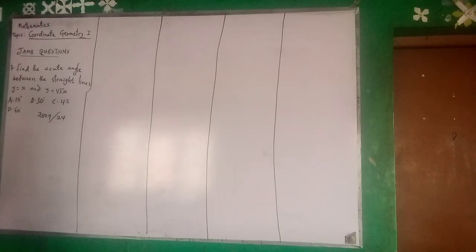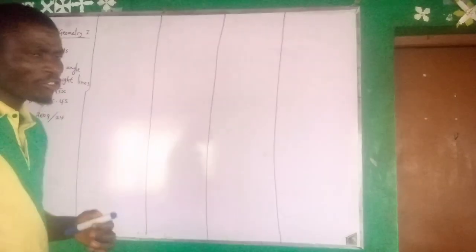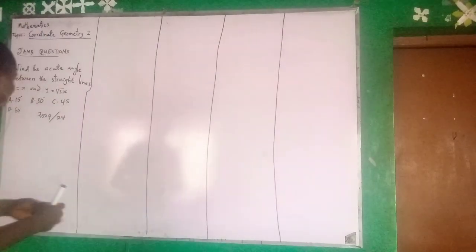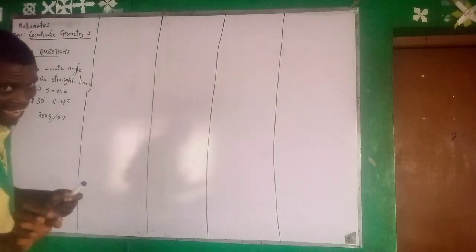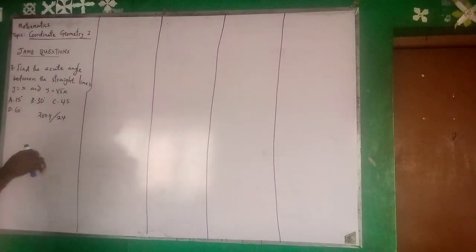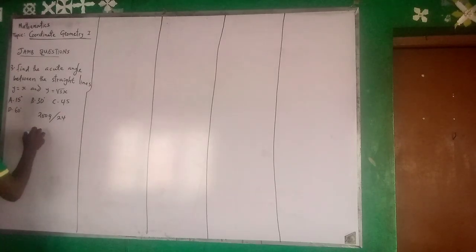This question is a bit different from the second one we saw. In the second one, you were asked to find the tangent of an acute angle, which means you were asked to find tan theta. Now, for this one, I am asked to find theta. But it's still the same formula, right? Still the same formula. Now, solution.